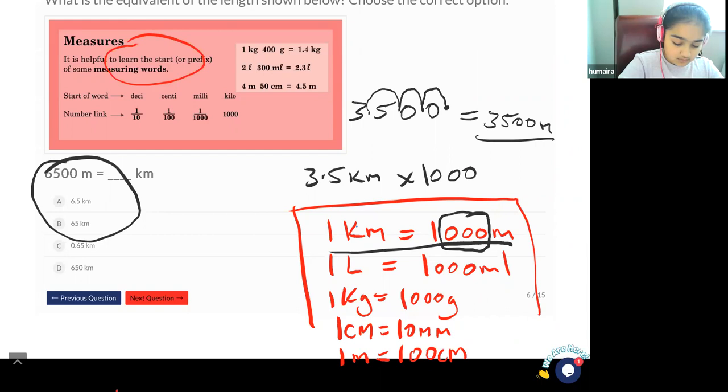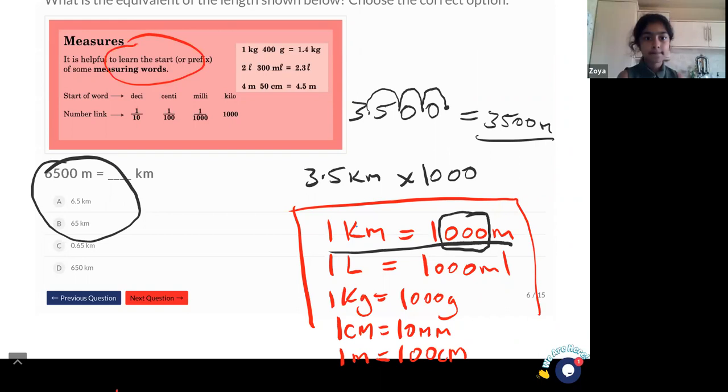Hi Zoya, how are you? Can you see my image there on the right-hand side, which I've handwritten? 1 kilometer equals 1,000 meters. Now we're converting 6,500 meters into kilometers.